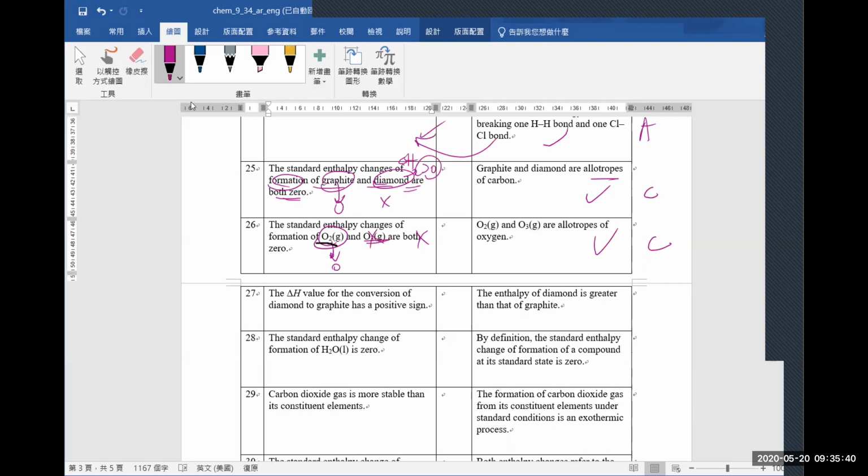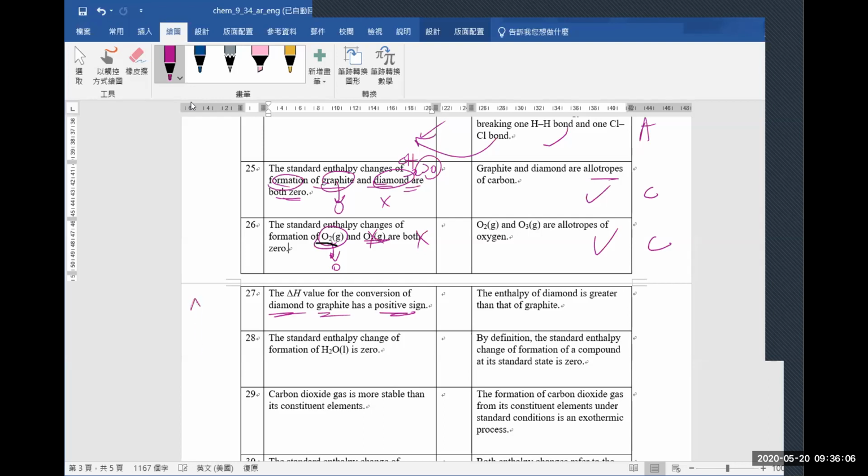27. Delta H value of a conversion of diamond to graphite has a positive sign. The enthalpy of diamond is greater than that of graphite. From graphite to diamond, positive.